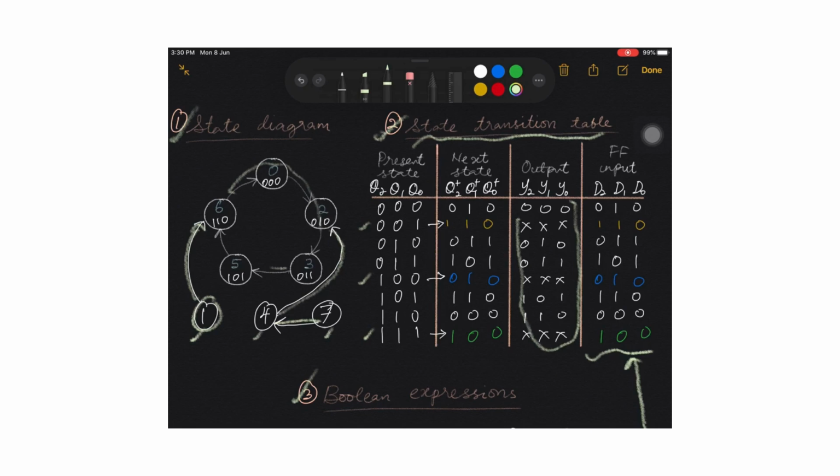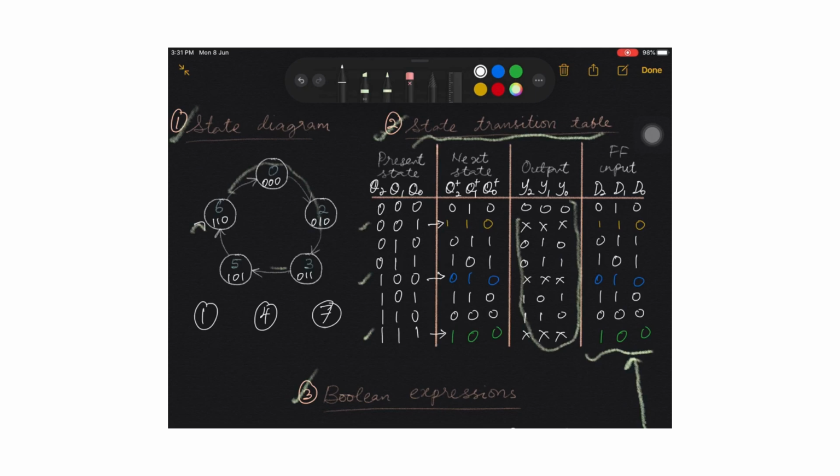Lastly, how can we tell that a counter is non-self-starting? If the unused states only circulate among themselves and never go to one of the used states, then we can say the counter is non-self-starting.